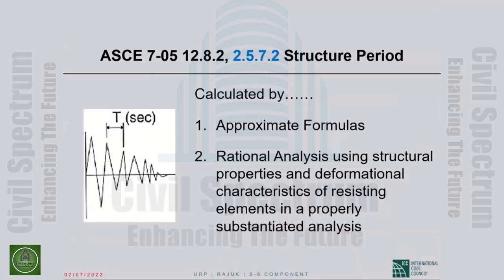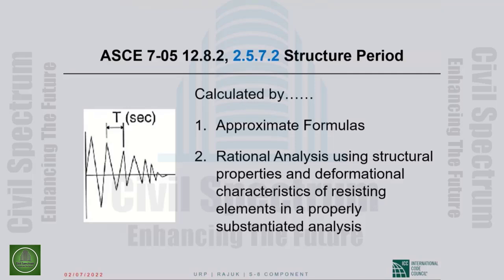So in the base shear formulas, V equal to S sub A times W, or V equal to C sub S W in AC7, the S sub A or C sub S varies with 1 over T. Unless you are at the flat top, the spectral acceleration varies with 1 over T or 1 over T squared, as the case may be.